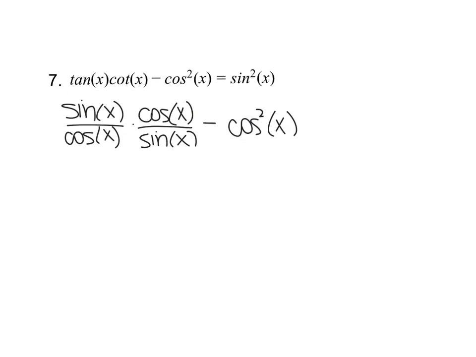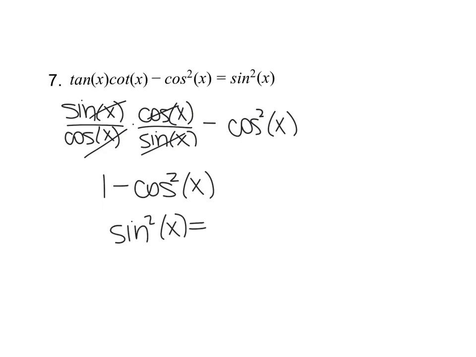So right now, because cosine squared is already in terms of sine and cosine, I'm not going to touch it unless I have to. So going back to rewriting the tangent and cotangent, I now have sine over cosine times cosine over sine, which are going to all cancel to give us 1 minus cosine squared of x, which is a Pythagorean identity, and we get sine squared of x equals sine squared of x.